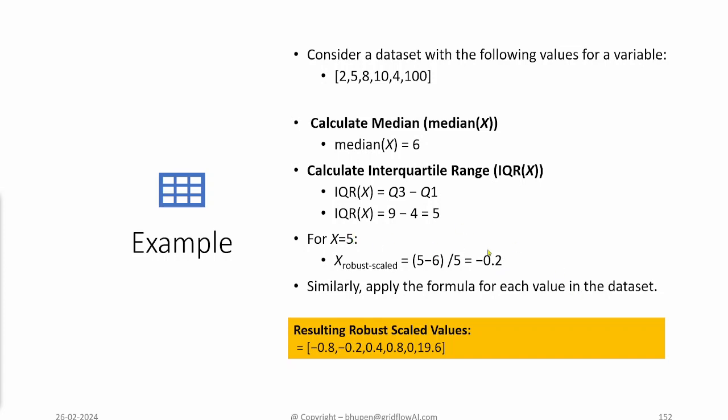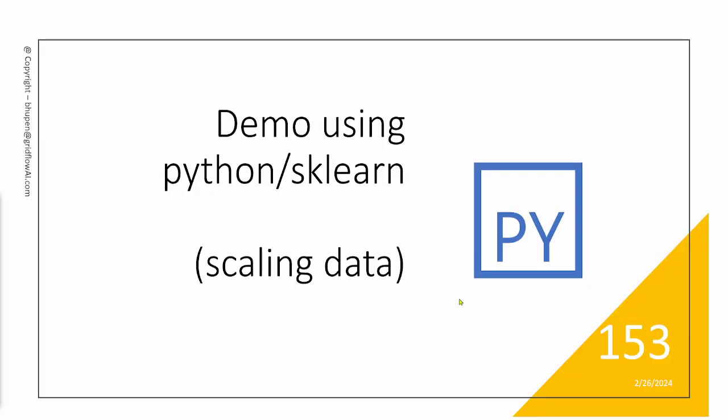So the 5 is now minus 0.2. Now you can apply this to all the values in your data column, and that's the resulting robust scaled values. Robust scalar is pretty much the choice in most data science projects.